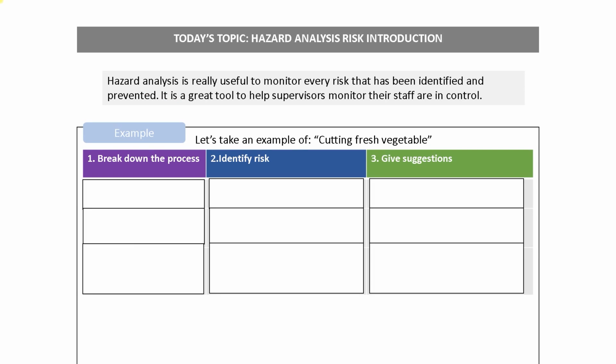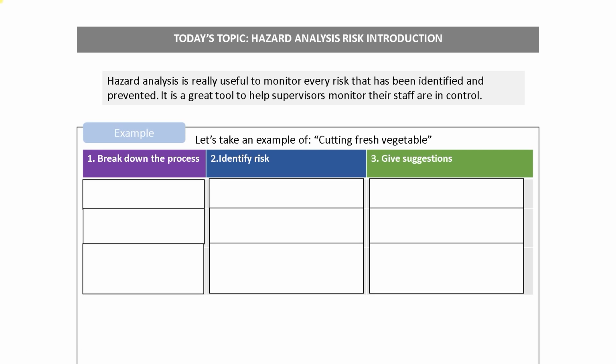Let's take an example of cutting vegetable. As you can see, I prepared a table with 3 columns. First column breaking down the process, second column identify the risk, and third column give a suggestion.